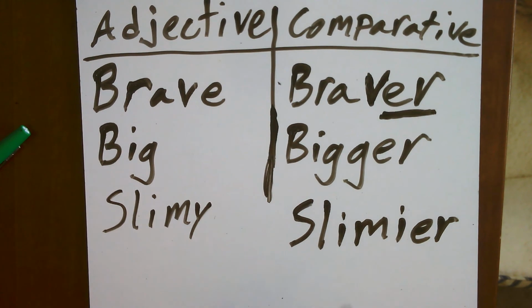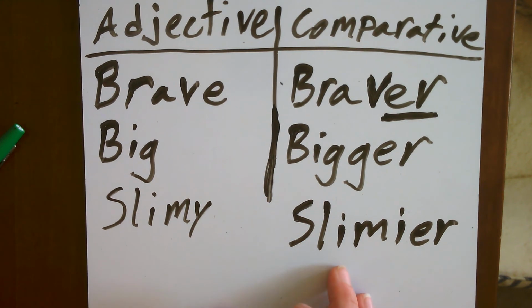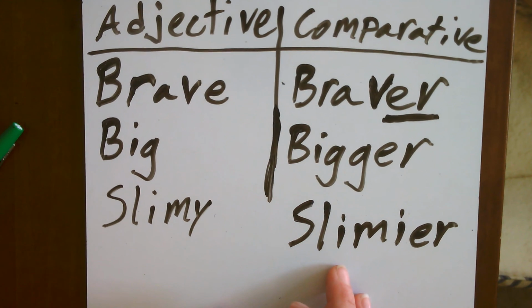Now, these are the most common. Sometimes you'll add more for comparative. But for right now, we're only going to focus on words that don't need an extra word added to them. Okay?